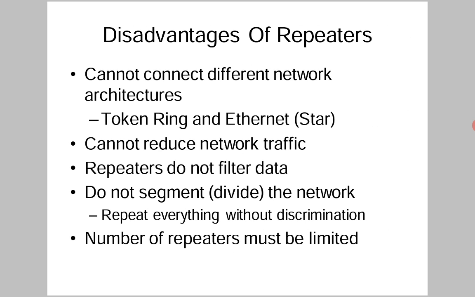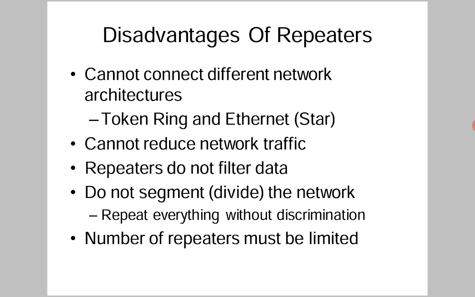Next are the disadvantages of repeaters. Generally, they cannot connect different network architectures, such as Token Ring and Ethernet, meaning we can only use the same type of networks with repeaters. They cannot reduce network traffic, meaning there is no control over network traffic.